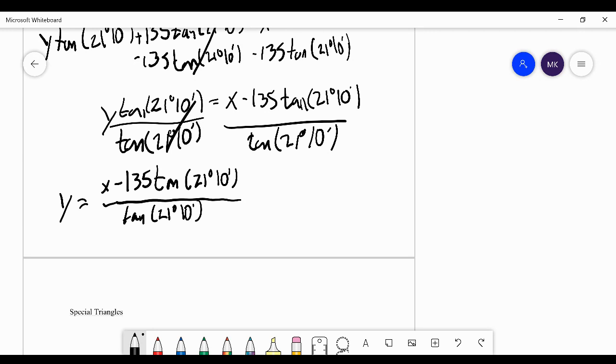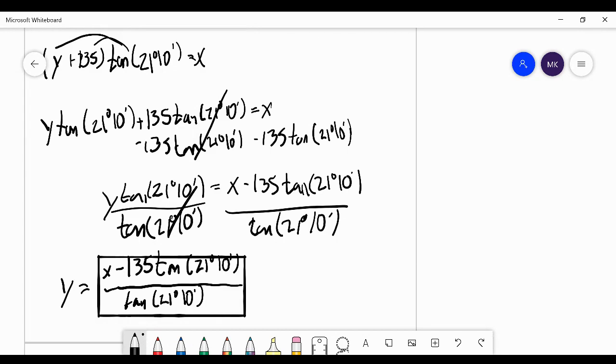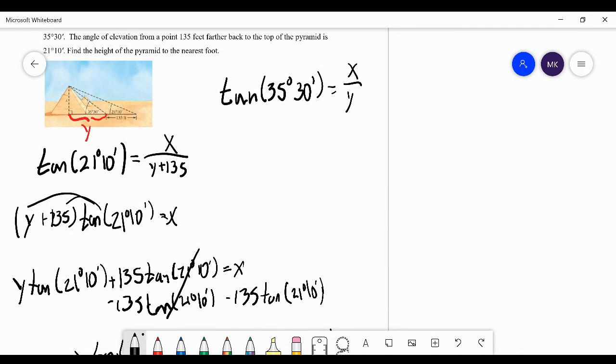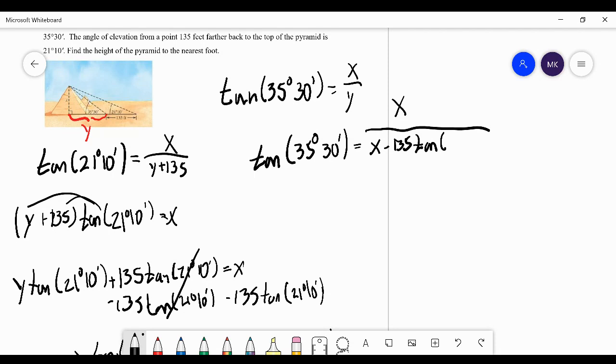Where this goes is then we substitute in this expression here for this y here. So we end up with the tangent of 35 degrees and 30 minutes is equal to x divided by x minus 135 tan 21 degrees 10 minutes divided by tan 21 degrees 10 minutes.